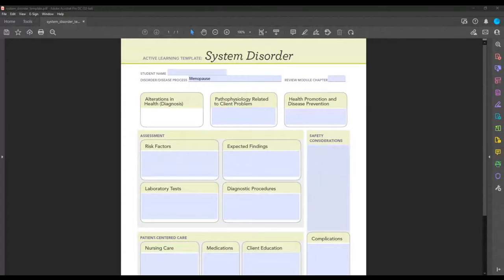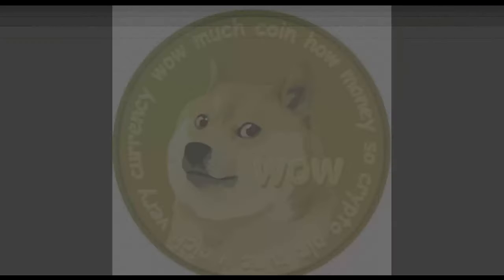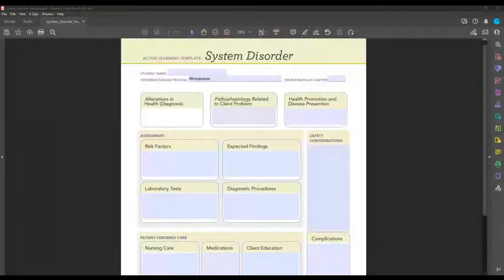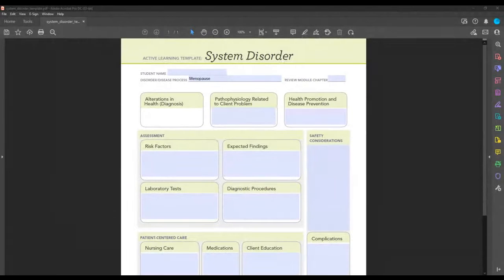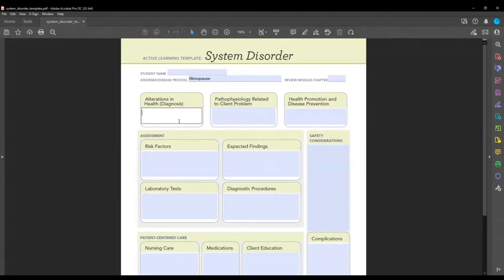Hormone levels, yes, exactly. So our diagnosis is going to be menopause.